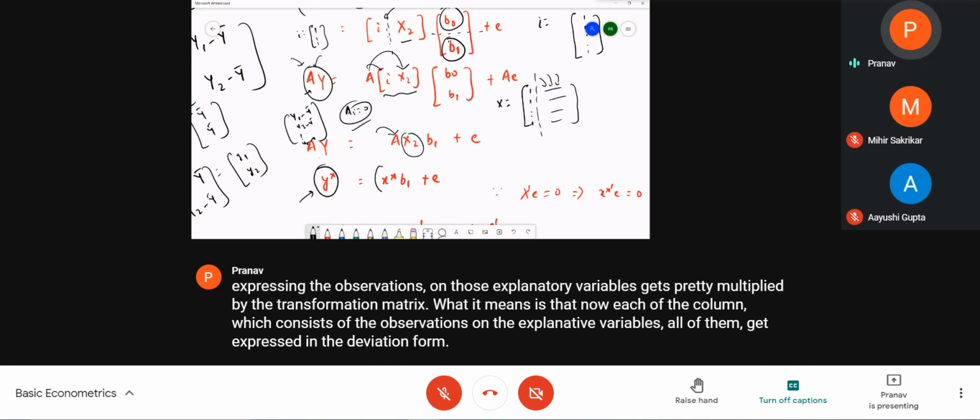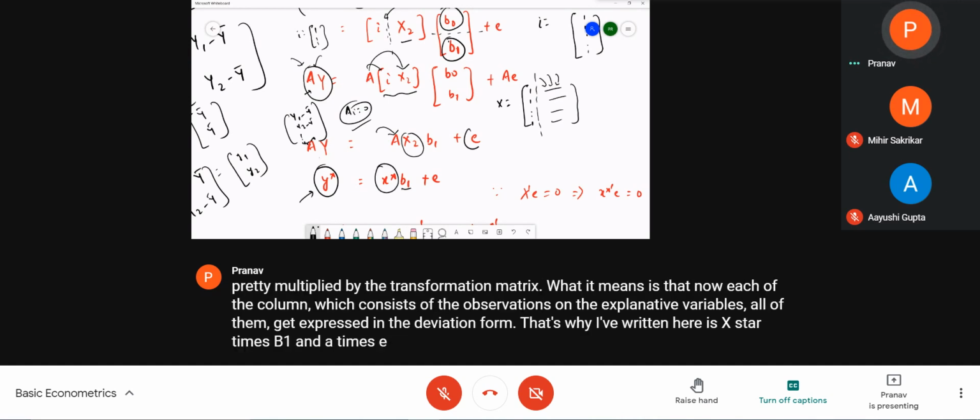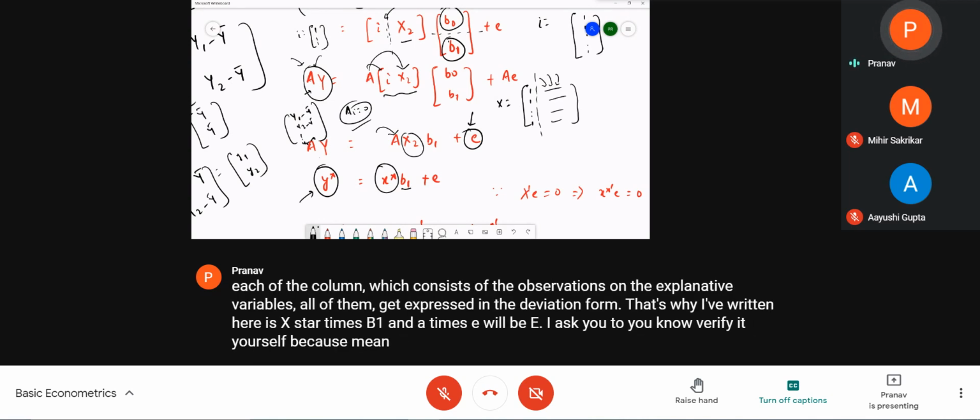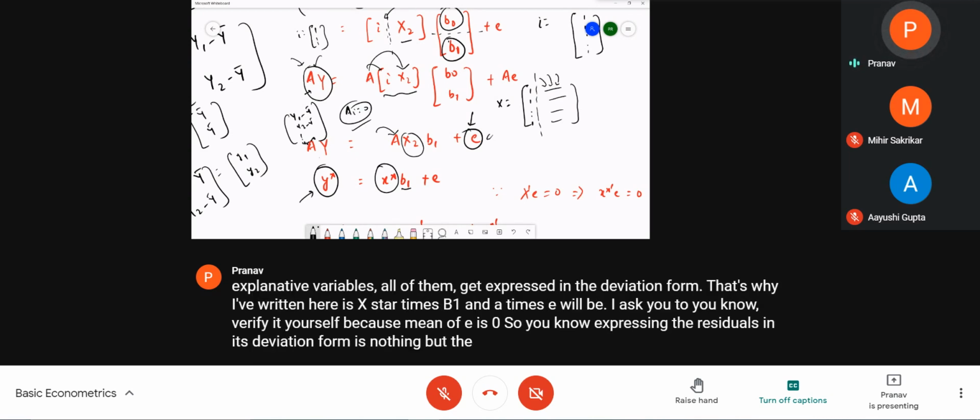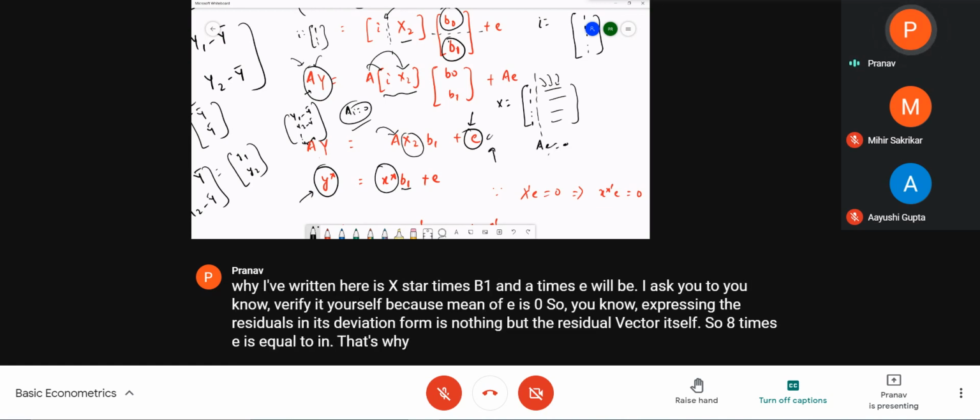That's why I've written here X star times b1, and A times e will be e. I ask you to verify it yourself, because the mean of e is 0. So expressing the residuals in deviation form is nothing but the residual vector itself. So A times e is equal to e, and that's why I've written e over here.